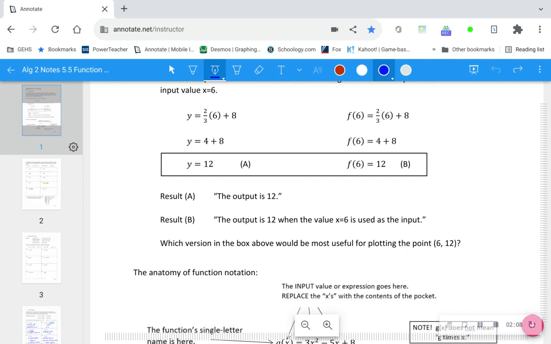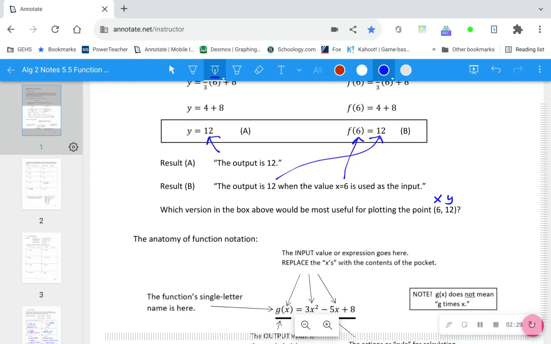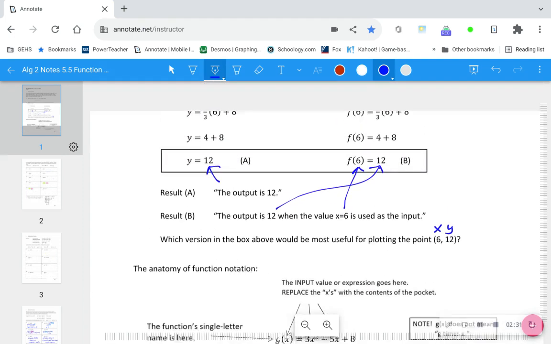So the first result just tells you that, hey, we got 12 for an answer. The other one tells you, yeah, the y value turned out to be 12, but we used a 6 to get it, and because of that, you know both the x and the y. And that's why mathematicians prefer to keep track of all that information instead of losing it halfway through the problem.